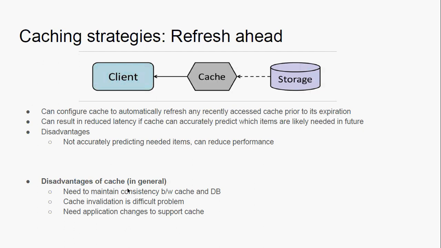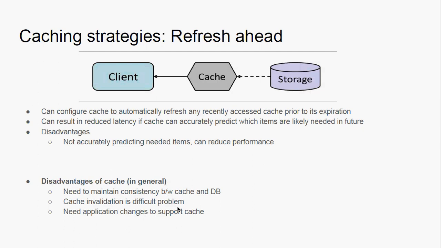The disadvantage of cache in general is that you need to maintain consistency between cache and database. And cache invalidation, which is deciding which items you need to have in cache and which items you should not have, is a difficult problem. You have various strategies like least recently used, most recently used.